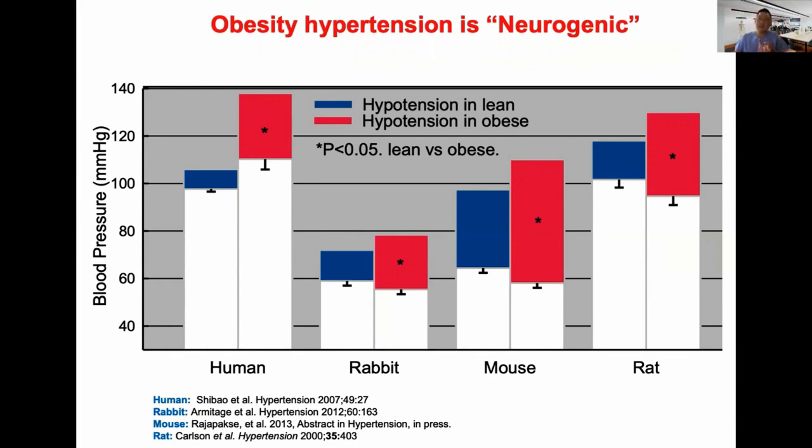And these studies includes in human, rabbit, mouse, and rats. And as you can see, the red represents the changes in blood pressure in the obese subjects, and blue were in the control group.